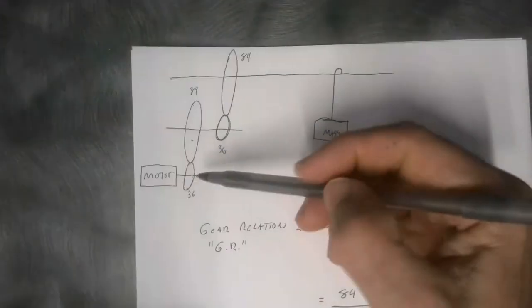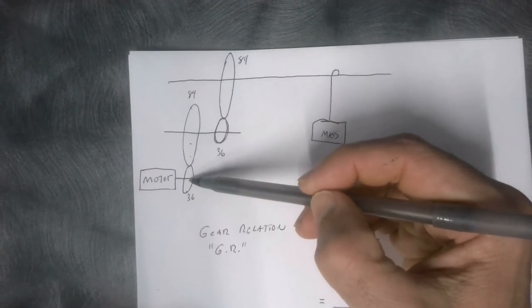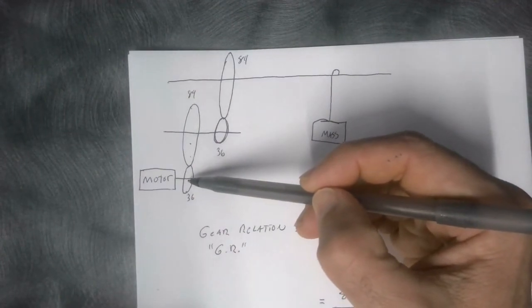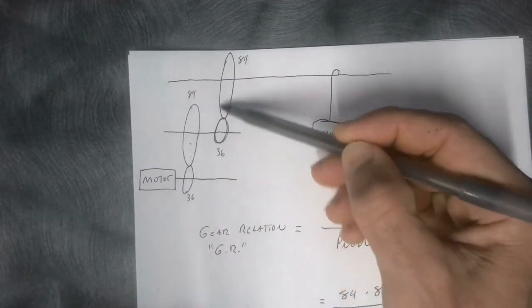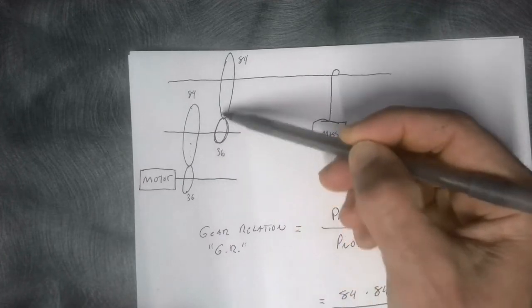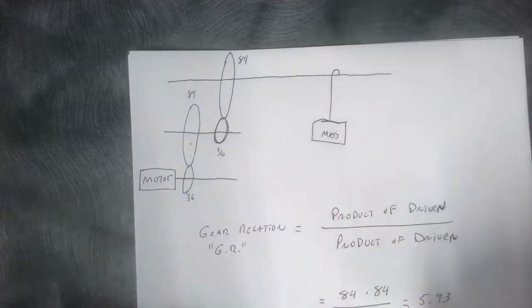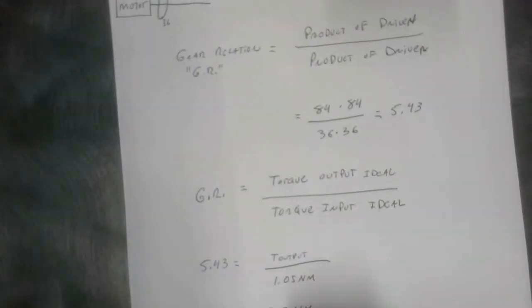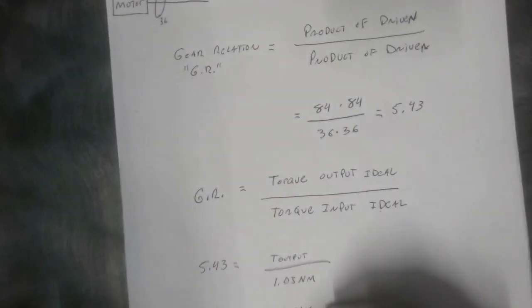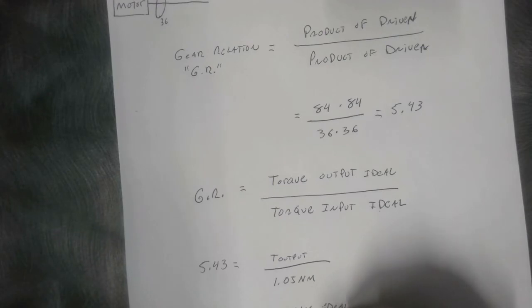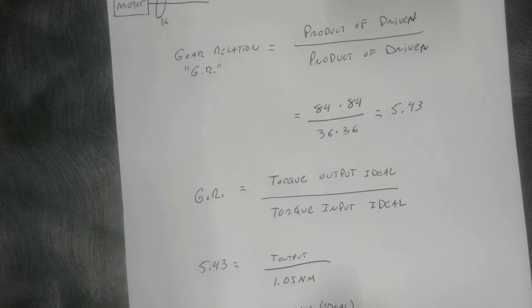Now, because we did two different interlockings of gears here, so 36 to 84 and another 36 to 84, we're going to assume we lose 10% with each one of those. So although this is the ideal amount of torque we would have on the output shaft, due to friction between the gears, we're going to lose roughly 20%.